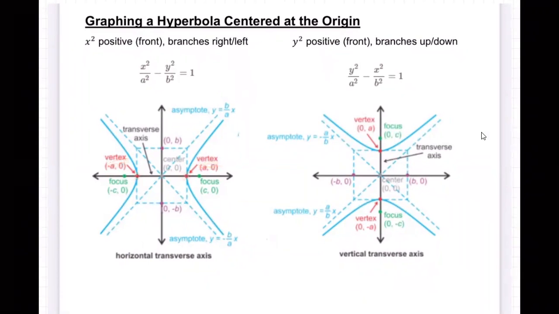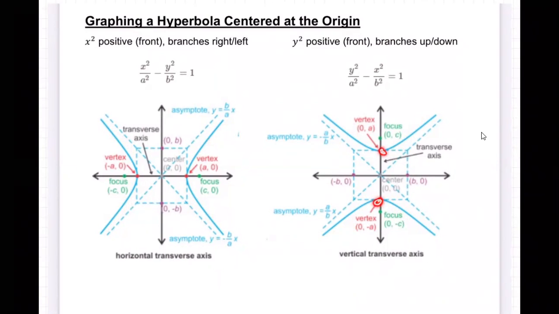Notice then that the vertices are sideways when the branches go right and left, and the vertices are up and down when the branches go up and down. That makes sense. So the vertices basically tell you which way the branches go.